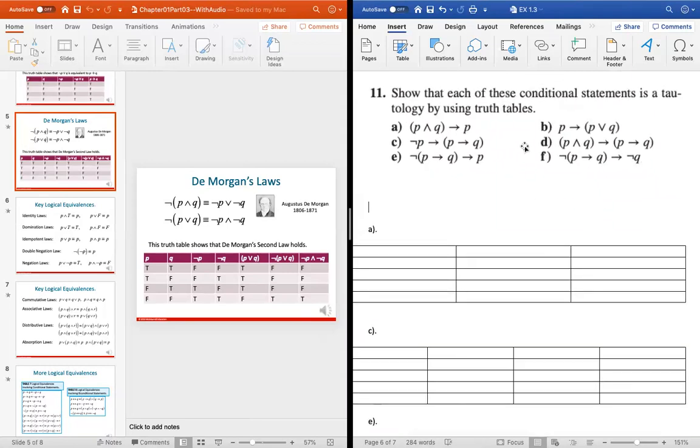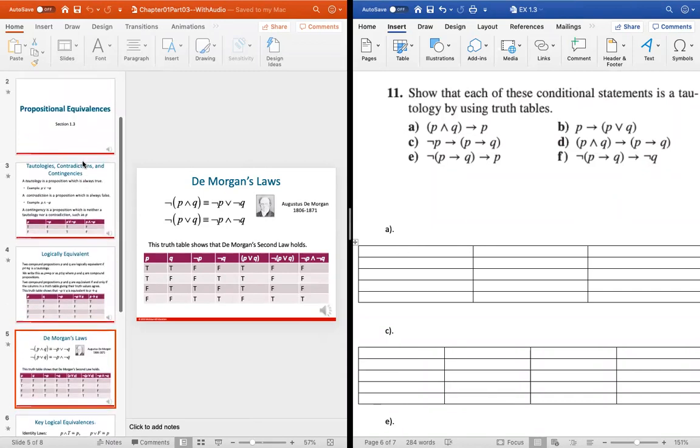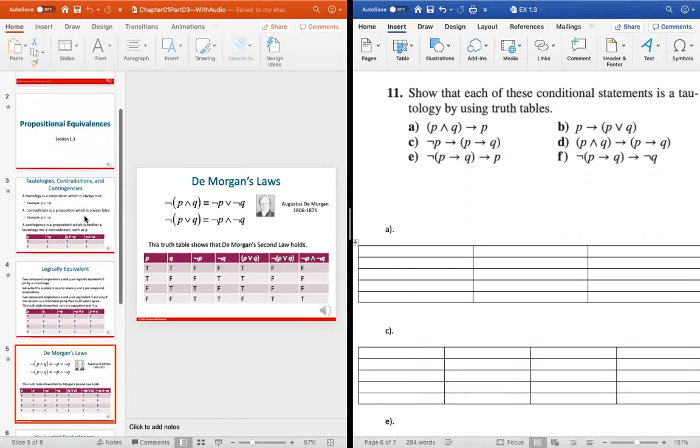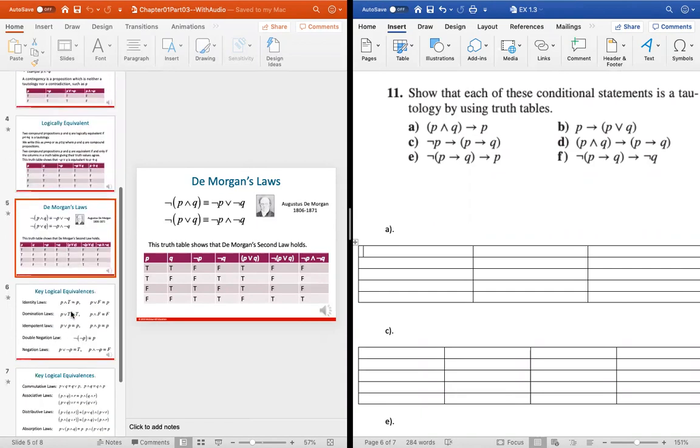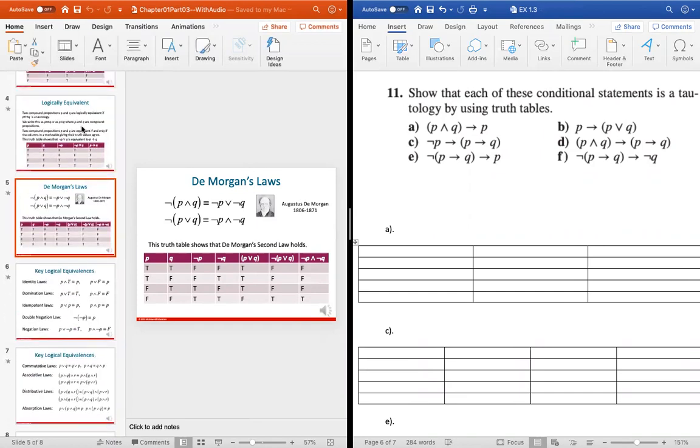Okay, so here we have to show that these statements are tautologies by using the truth tables. Basically, a tautology is a statement that simplifies to all true values. If anything has a false inside, that's not a tautology.